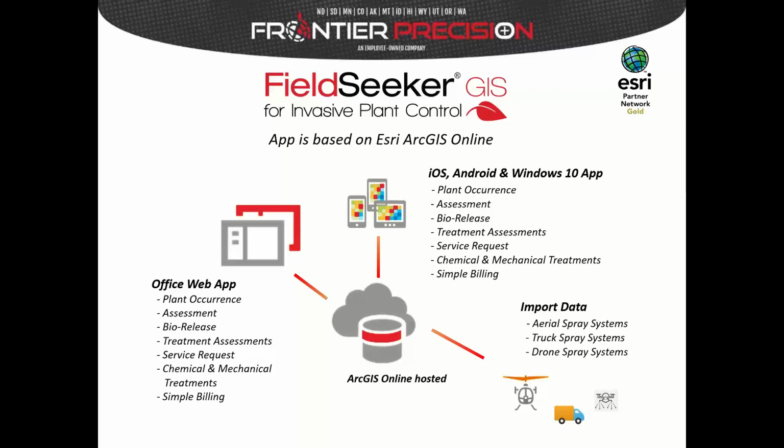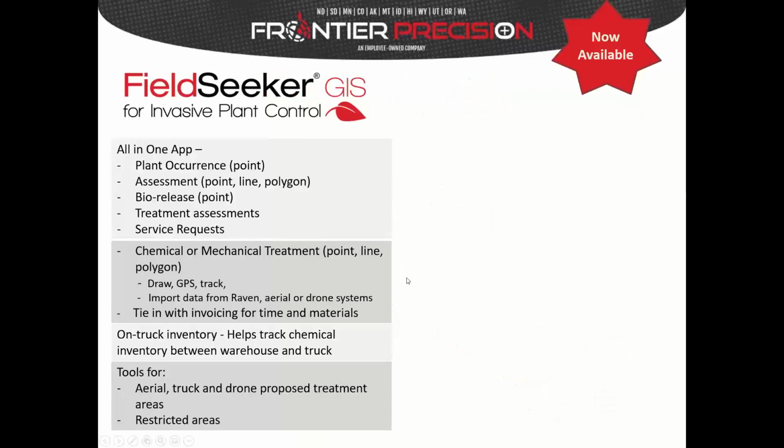We do the data management, and it also has a robust reporting system and different ways that we can search, filter, query, and review data. Then we have a cross-platform mobile app that we use to collect the data in the field. And we can also import data from aerial, truck, and drone spray systems to use alongside all the other applications.